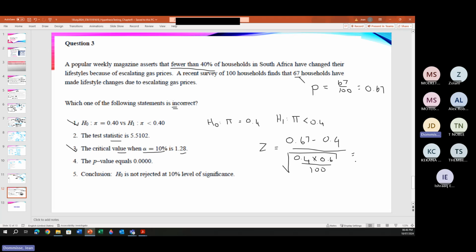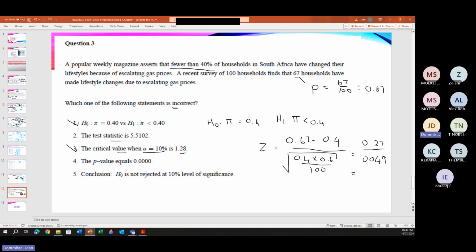0.67 minus 0.4. So at the top, it's, sorry, 0.27. And at the bottom, 0.4 times 0.6 divided by 100, the square root of that. So I get 0.049.